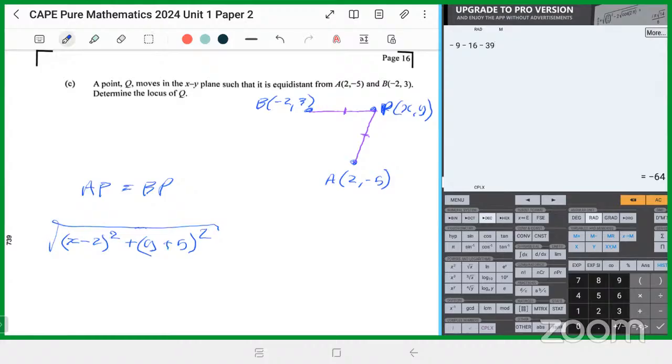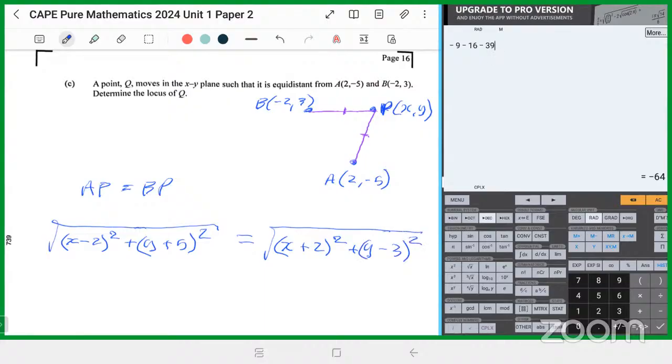And that becomes equal to BP, which is the distance between these 2 points, which again is the square root of x minus negative 2, which becomes x plus 2, squared, plus y minus 3, squared.